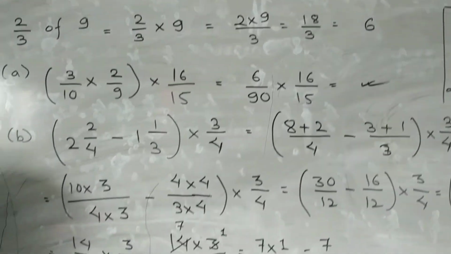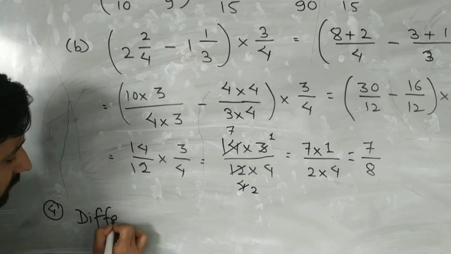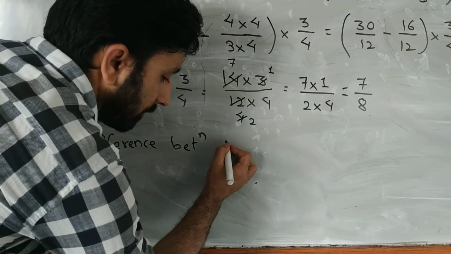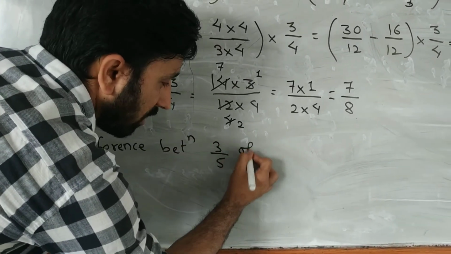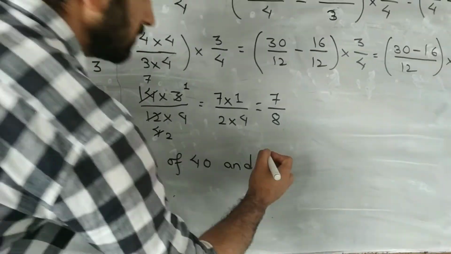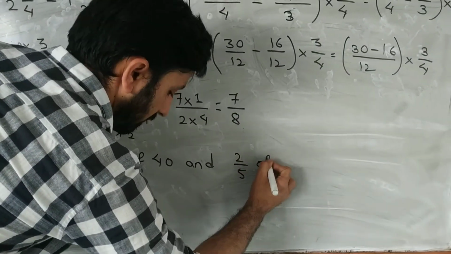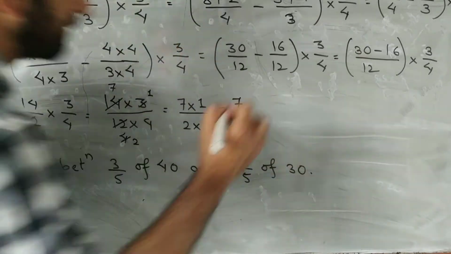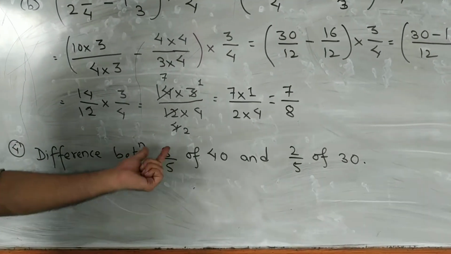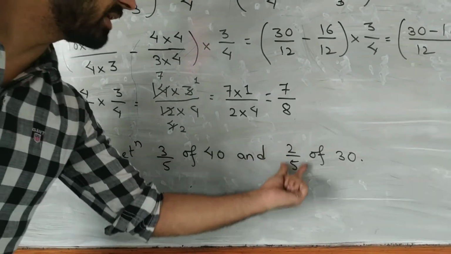Now let me teach you the fourth type of simplification, the fourth example worked out. Here I'll find the difference between 3 by 5 of 40 and, as this is a word problem, 2 by 5 of 30. That means we have to find the difference between 3 by 5 of 40 and 2 by 5 of 30.